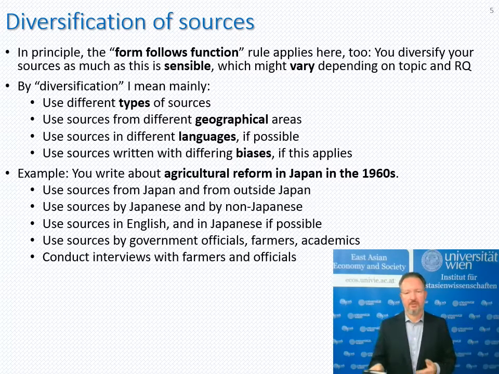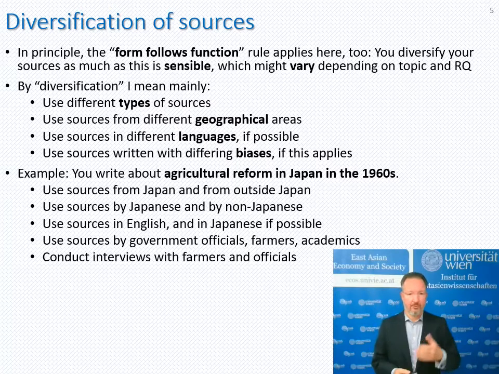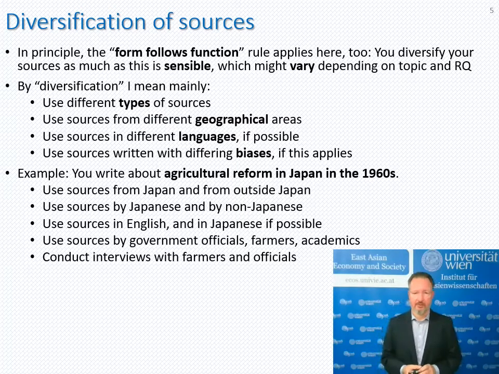Sources by Japanese and by non-Japanese authors, sources in English and in Japanese. In this case, I think it would be really important actually to use sources in Japanese if you have the necessary ability. Sources by government officials, farmers, academics. Here we talk about different biases, right?